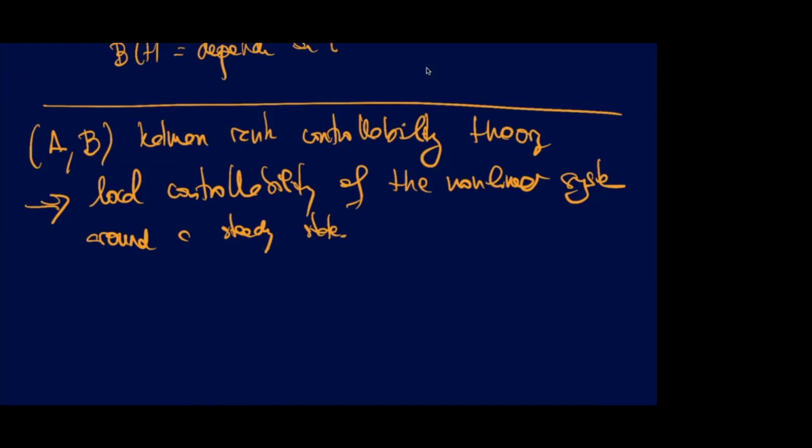Maybe you are not interested in this. Maybe I have to go from my office to the library to look for a book, and this is in the basement. We are on the third floor, and the library is in the basement, so I have to go down. This is not a local control around this steady state. This is a large deformation.